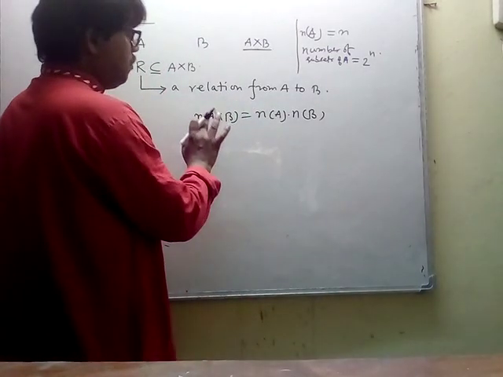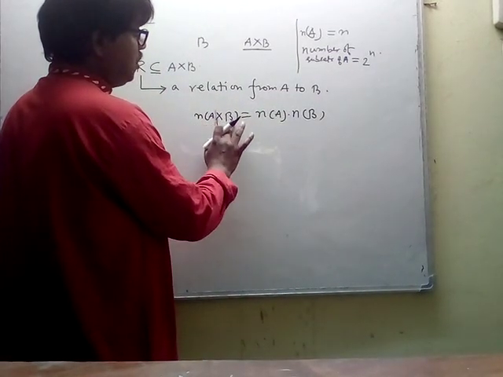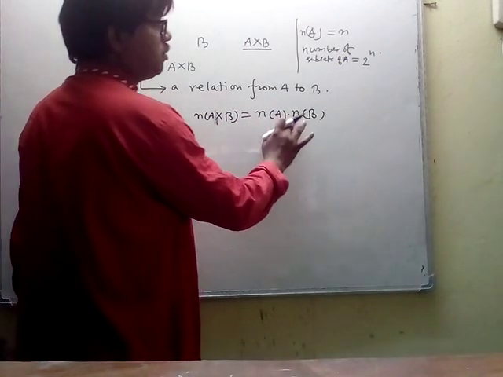So the number of elements of A cross B equals n(A) into n(B).